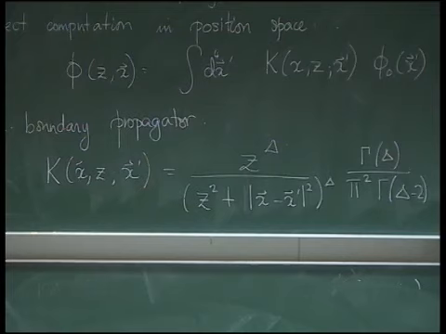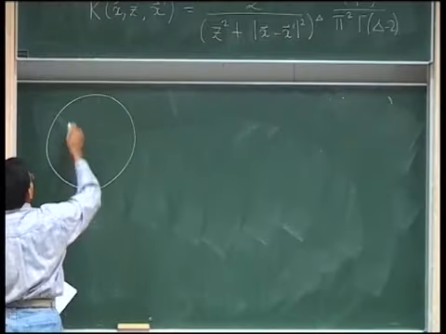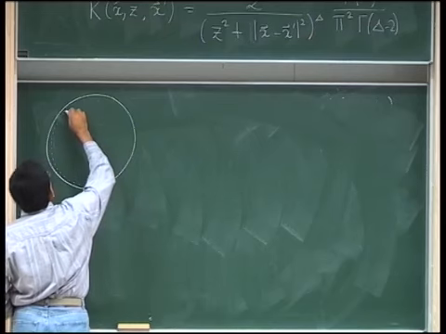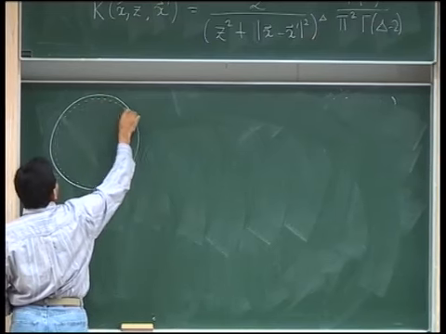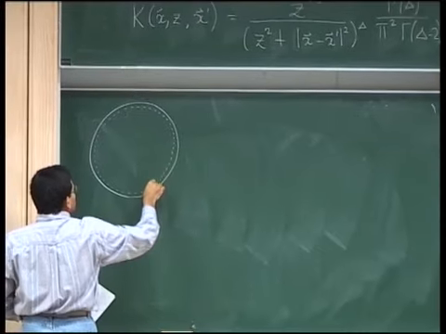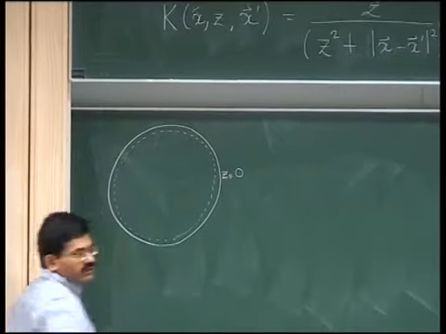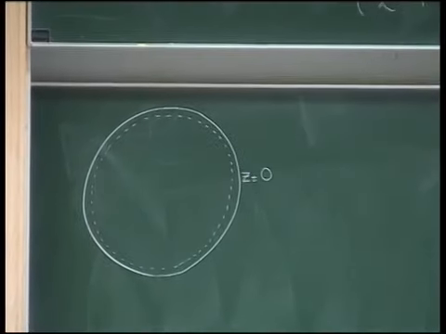And this presentation also makes it very clear how I should visualize this calculation. To make contact, let me draw this picture of AdS, the Euclidean AdS, as a disk.